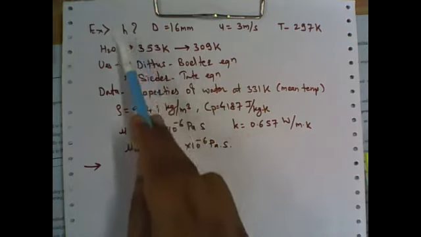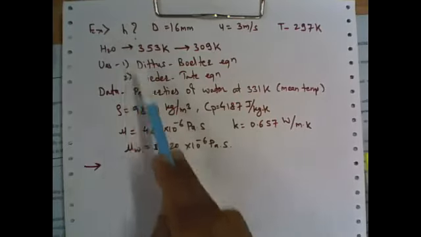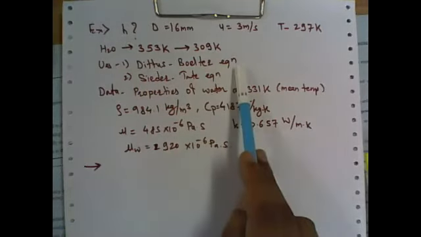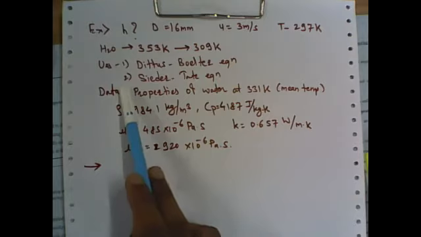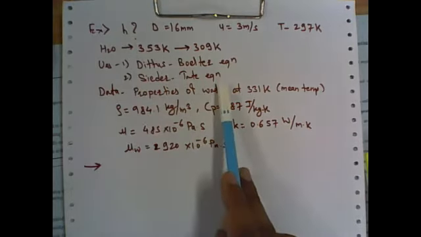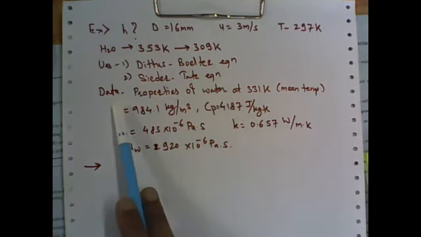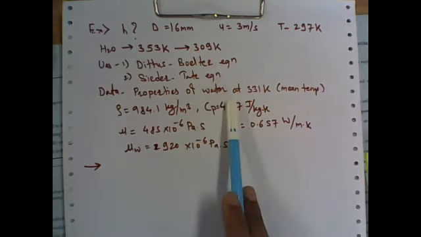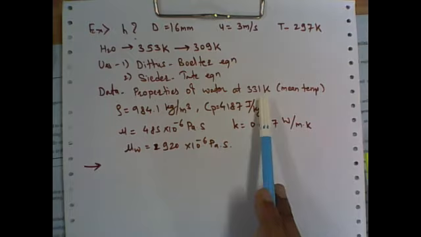So we have to find this heat transfer coefficient with the help of the Dittus-Boelter equation first, and again we have to find this heat transfer coefficient with the help of the Sieder-Tate equation. So the common data given is properties of water at 331 Kelvin, that is the arithmetic mean bulk temperature.